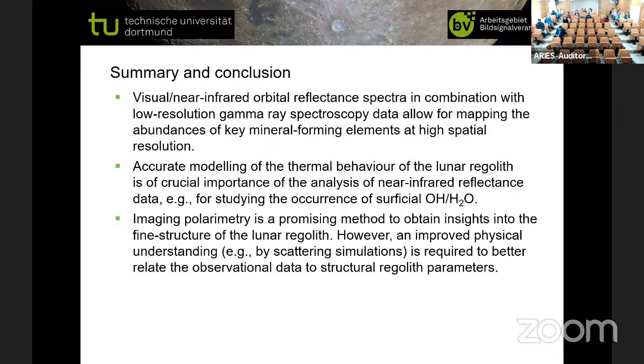So yes, at the moment we are trying to get as high as possible resolution data for specific lunar features of interest. The full moon has been observed by the Ukrainian group around Yuri Shkuratov already 30 years ago.